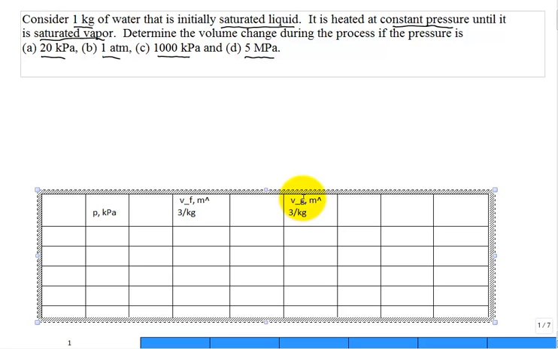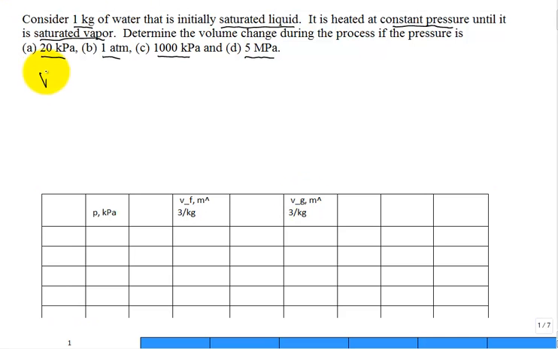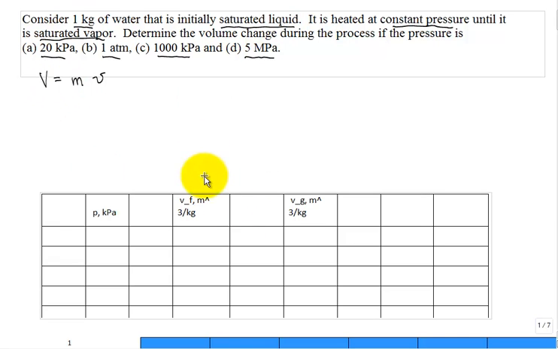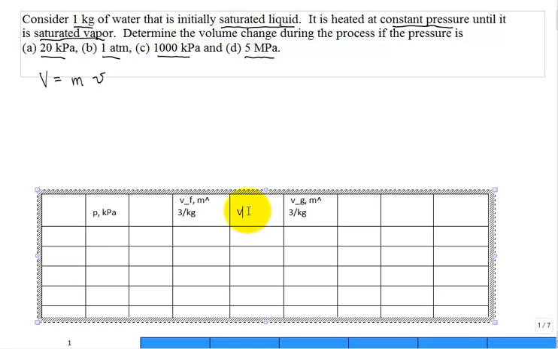Then we're going to basically use the relationship that if we're interested in the volume and we know the specific volume, we just multiply by the mass. So we'll calculate the volume at state 1, in units of meter cubed.